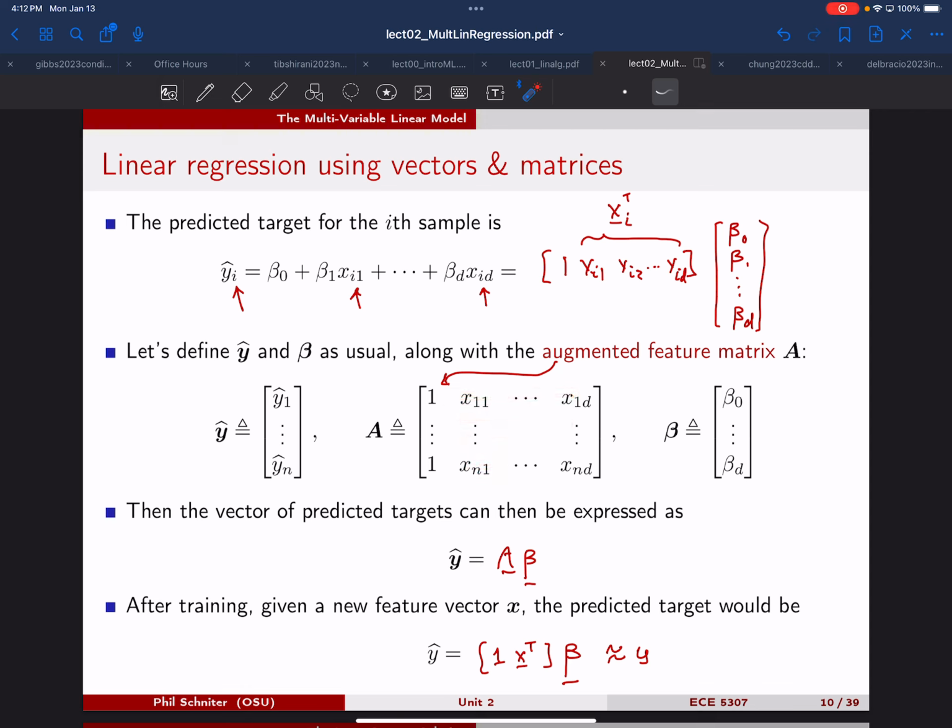We call it the augmented feature matrix because it has the features, but then it also has this extra column of ones. And this vector here, we're going to call boldface beta. From here, we can combine this and see that this is just a nice simple equation that says the y hat vector is the A matrix times the beta vector.